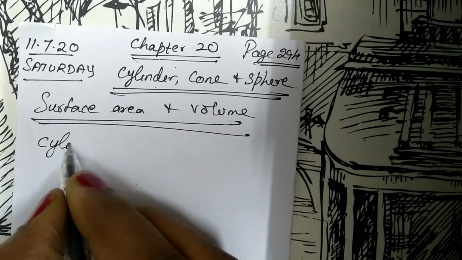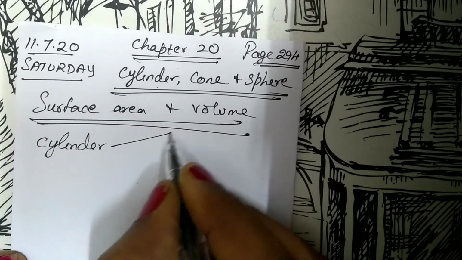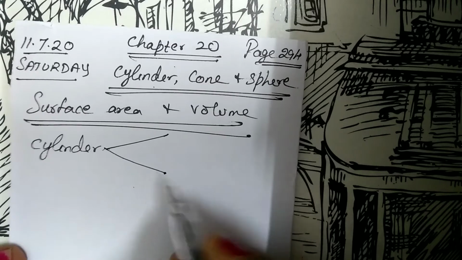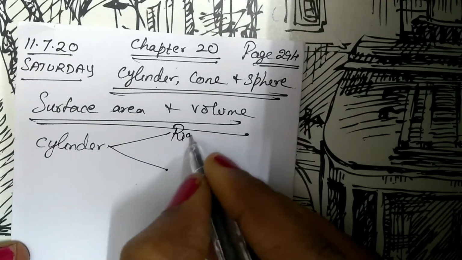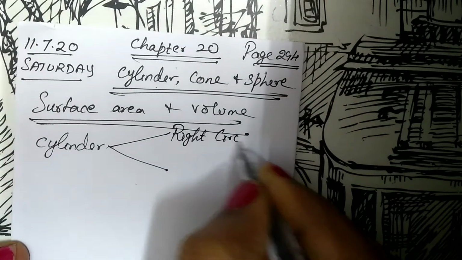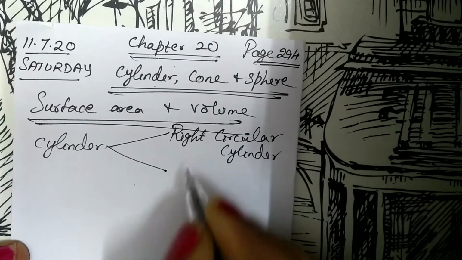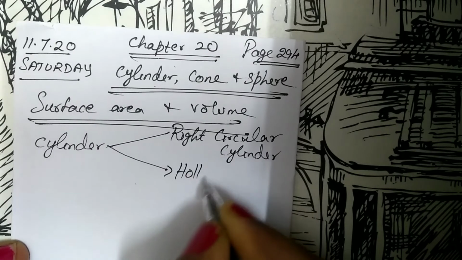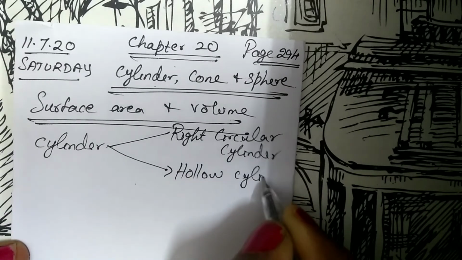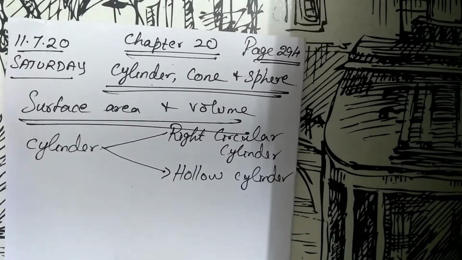When we talk about the cylinder, it can be classified into two types. One is the right circular cylinder. The next is the hollow cylinder. So what is a right circular cylinder?